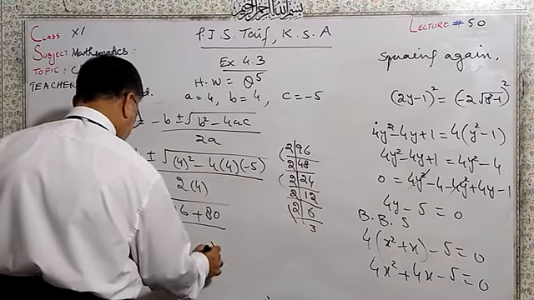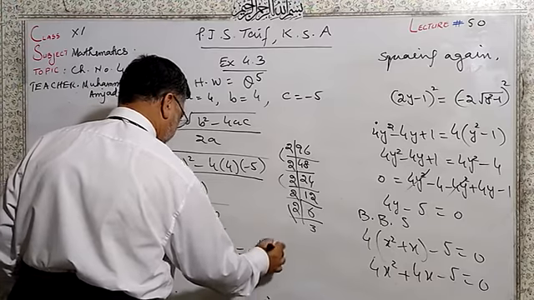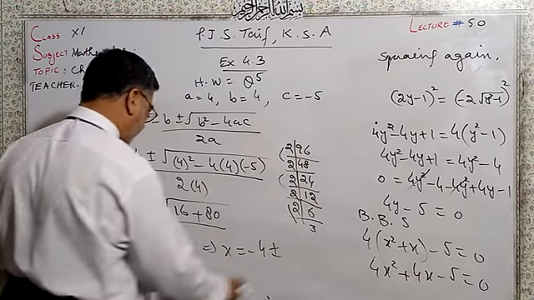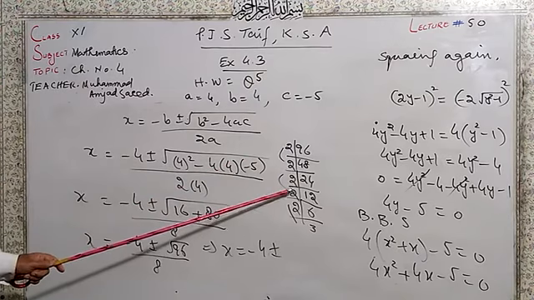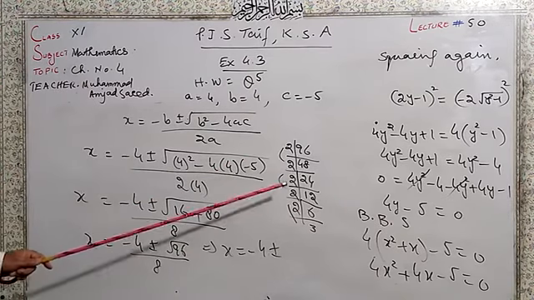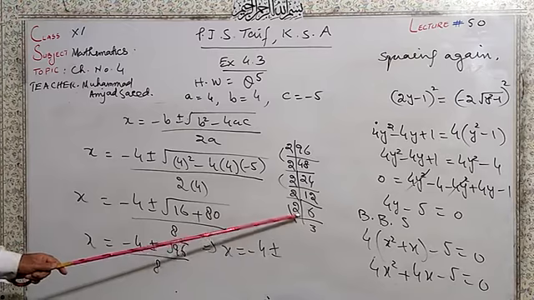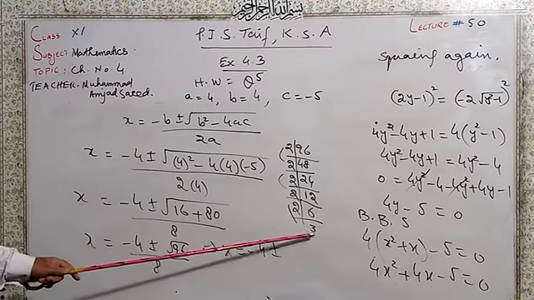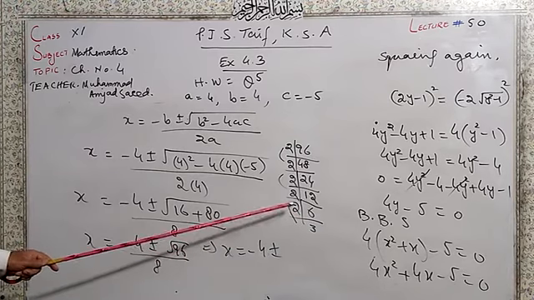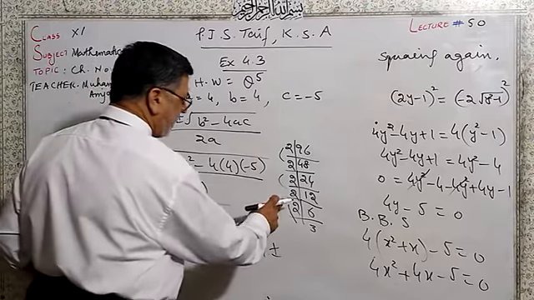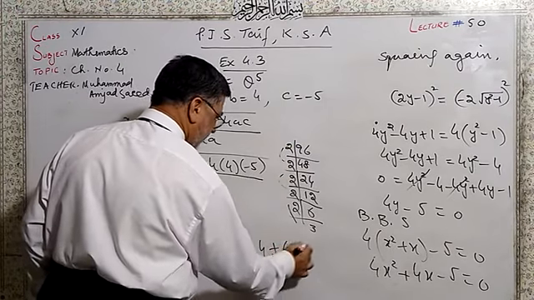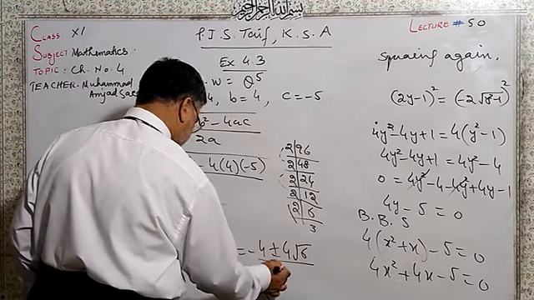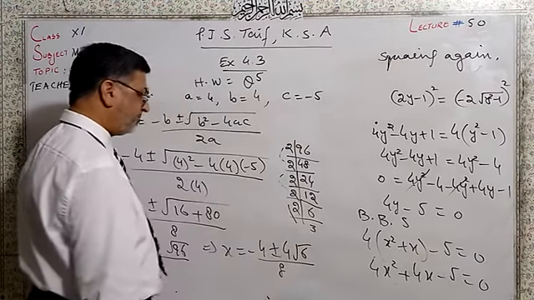We can write x is equal to minus 4 plus minus, 96 can be written as 2 into 2 into 2 into 2 into 2 into 3. But you know that the 3 and 2 are separate, single values, so they will remain inside, but the pairs will come outside, so this will be 4 outside and inside this will be 6, over 8.